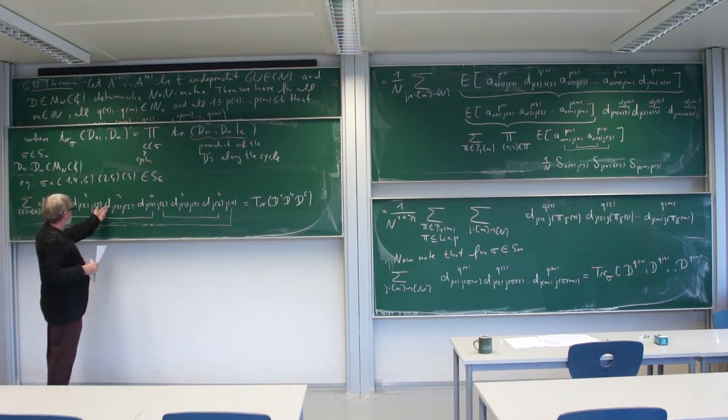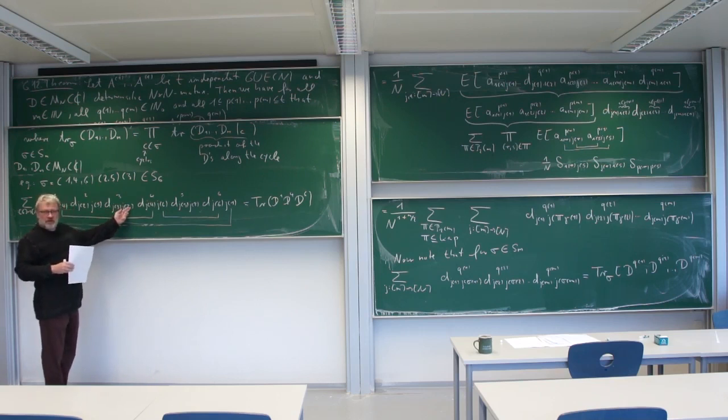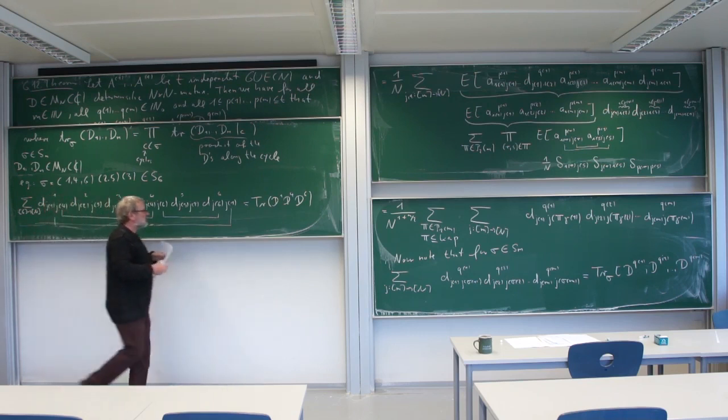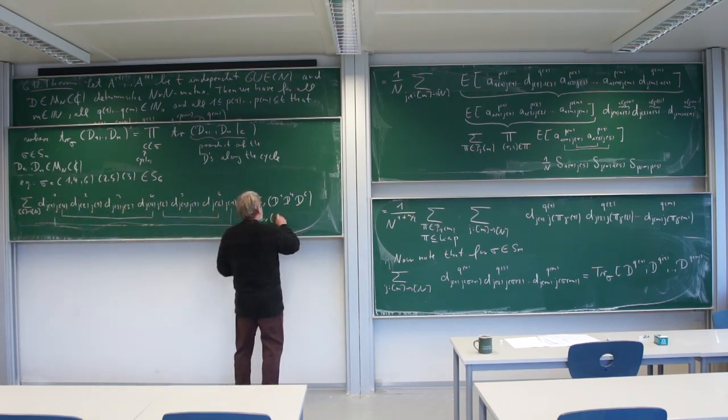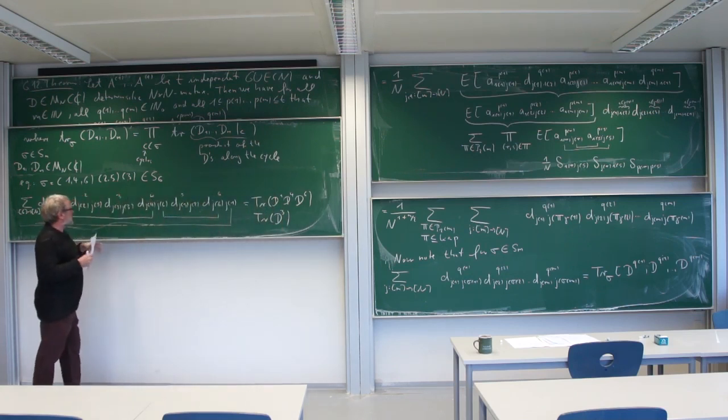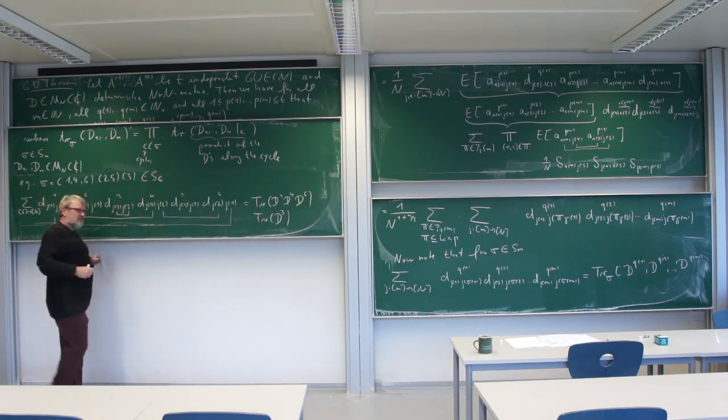Okay, and then I'm left. What else do I have? Here, for example, I have J3, J3. The J3 only shows up here. I can sum over this, and this is just a trace of this matrix. So I have a trace of D_3 corresponding to this cycle. Then the summation over J3 is also done.